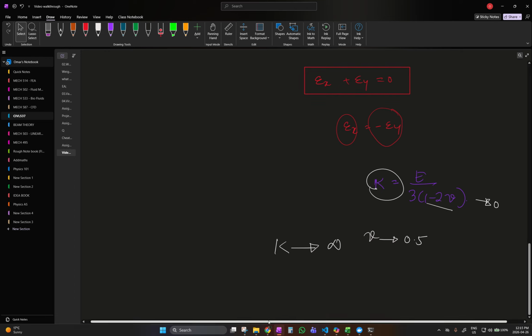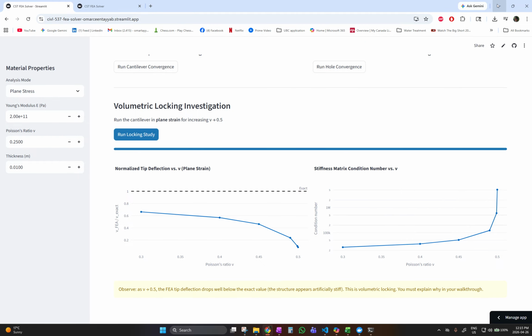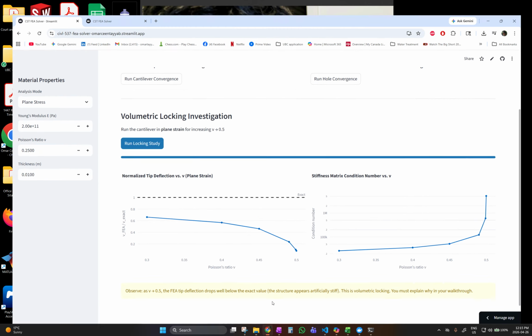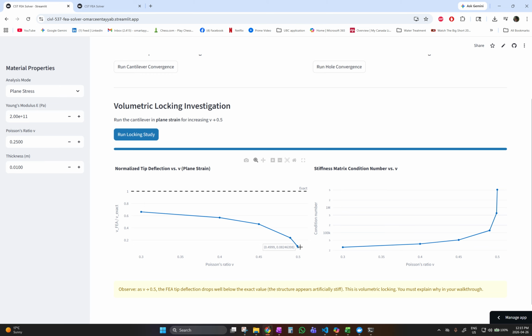So the plots are depicting this situation, this singularity approaching, in the FEA versus exact solution, stiffness matrix condition number versus Poisson's ratio. So it goes to infinity right here.